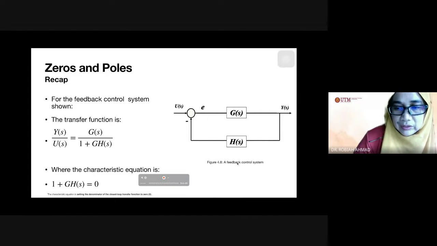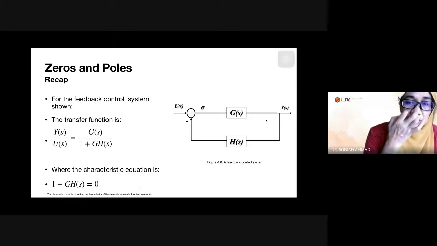This is a feedback control system where the input is represented by U, and the output is represented by Y. The system that we are investigating has the transfer function G(s), and we have a feedback here, usually from a sensor, with the transfer function H(s), and then we put it into the summation, and we have some error here. Later on you will learn about putting the controller immediately after the error to reduce it so that the error will be 0, hopefully.